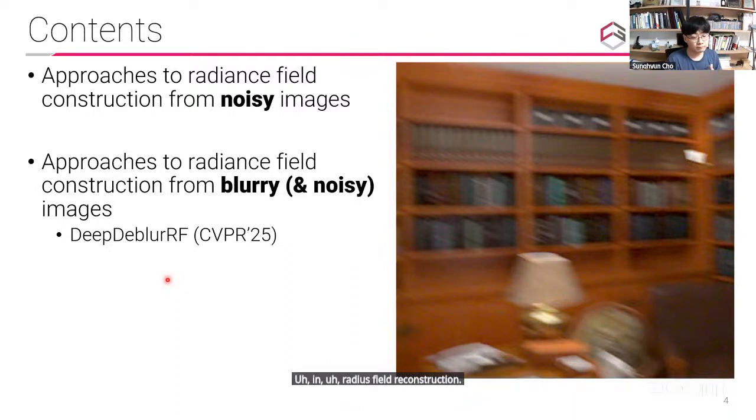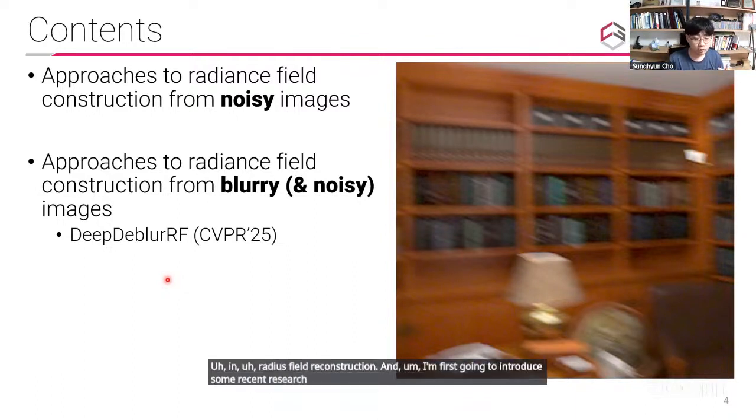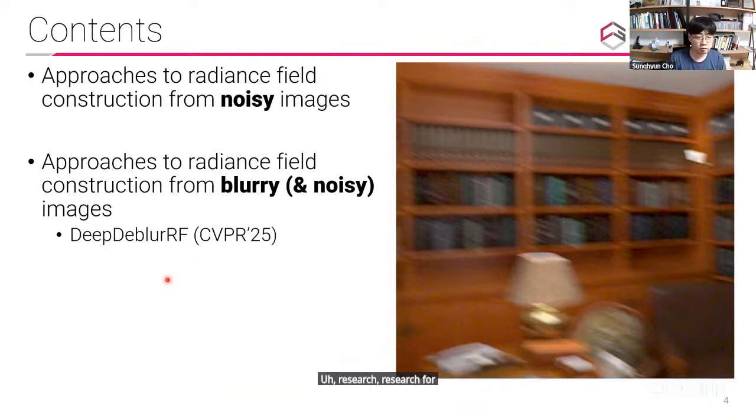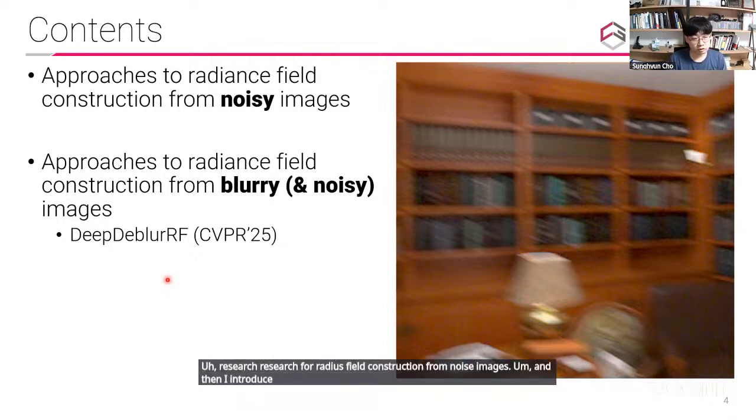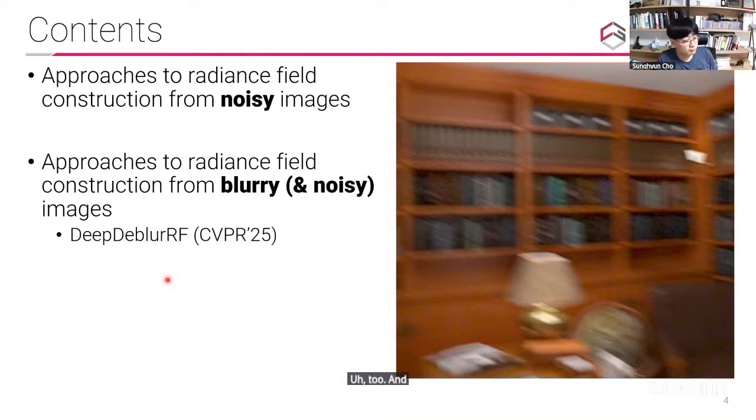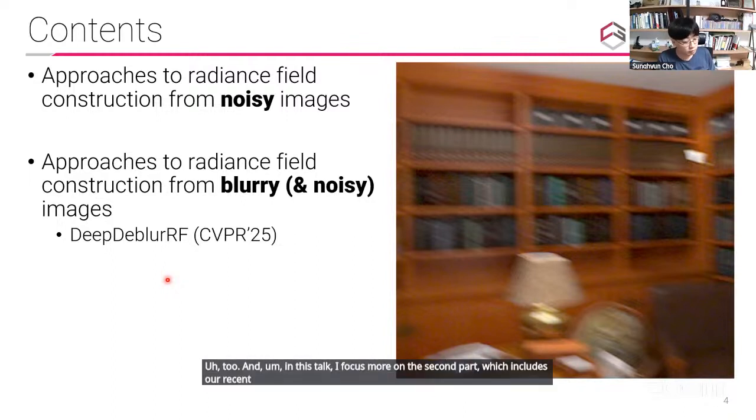I'm first going to introduce some recent research for radiance field construction from noisy images. And then I will introduce approaches that consider blur and noise too. In this talk, I'll focus more on the second part, which includes our recent results, DeepBlurRF, which was presented at CVPR this year.